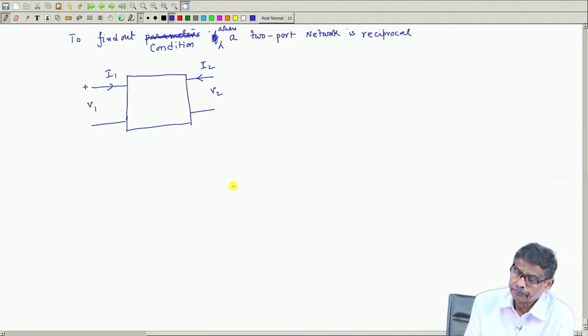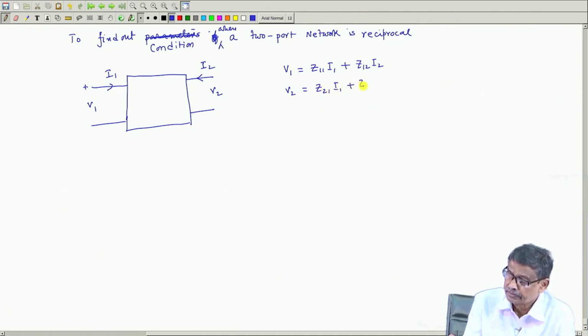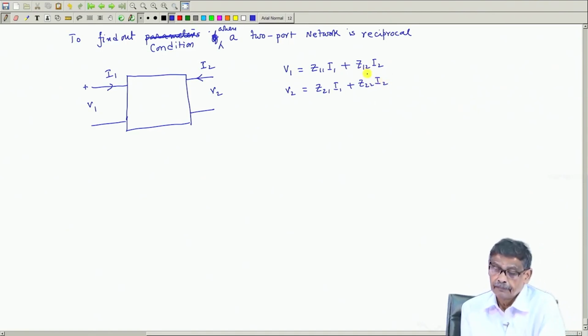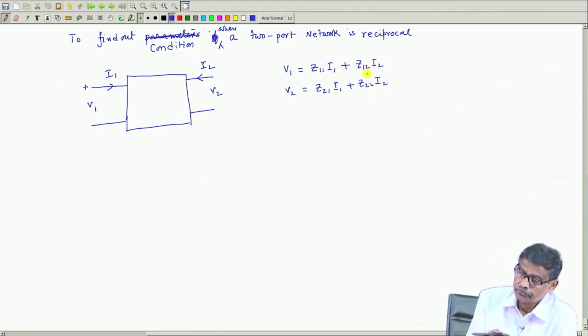And these are the equations: V1 is equal to Z11 I1 plus Z12 I2, and V2 is equal to Z21 I1 plus Z22 into I2. These are two things.